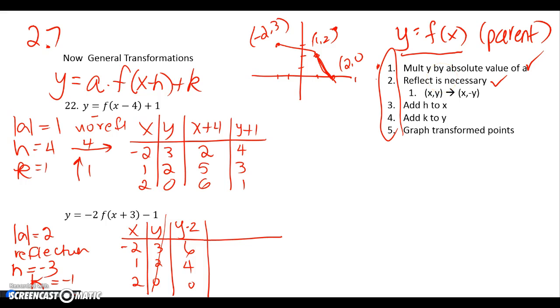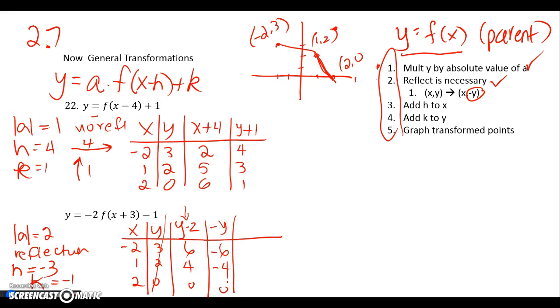Notice that when you're reflecting across the x-axis, your coordinate point x, y changes to x, negative y. That's the only thing that changes, that negative y. So I just have to take the y in this column and make it negative: negative 6, negative 4, 0.